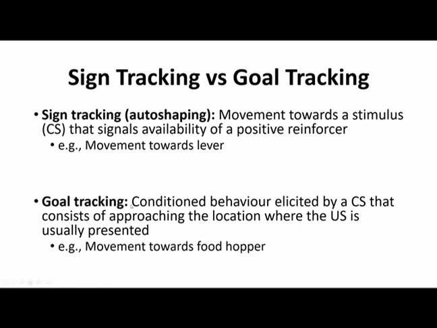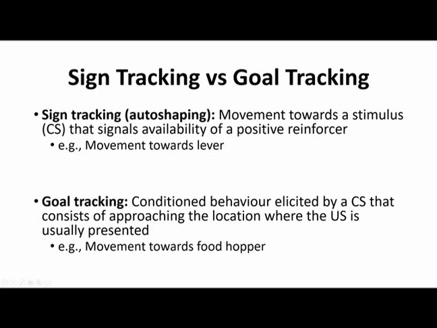Goal tracking is a conditioned behavior elicited by a conditioned stimulus that consists of approaching the location where the unconditioned stimulus is usually presented. So we know that the conditioned stimulus is associated with our unconditioned stimulus, and when we see that conditioned stimulus, we go to the place where the unconditioned stimulus is usually presented. The behavior that's been conditioned here is approaching that food hopper.